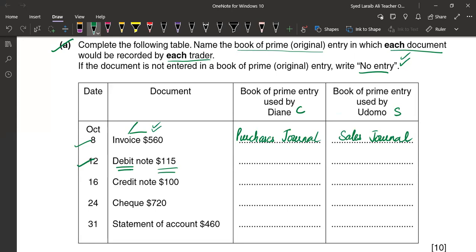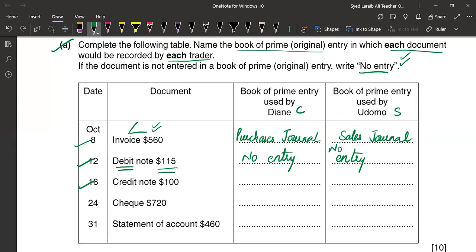And as this is just a request, it does not have any transaction in any of the books of prime entry. Therefore, we're going to write no entry on both sides. It is just a request. It has no value. So we are not going to record, whether it's a customer or the supplier.